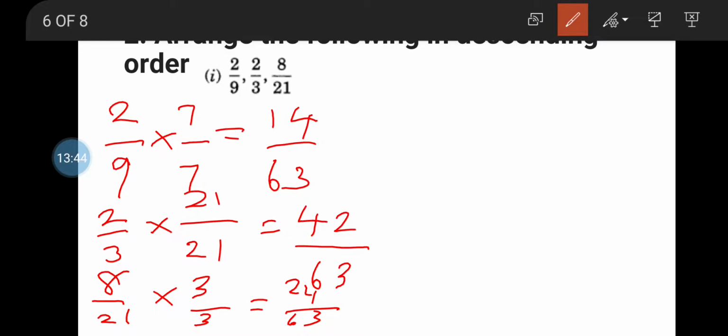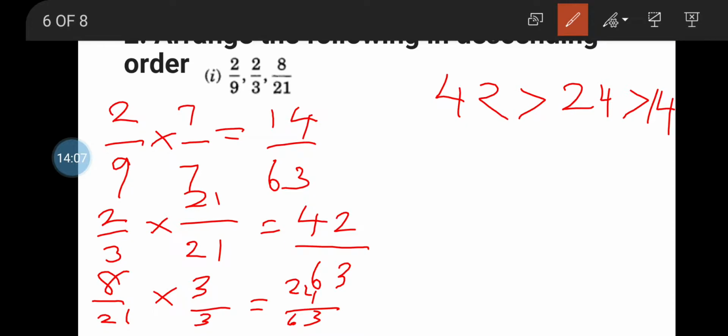If you see here, 42 is the greatest number, and 24 is greater than 14. Okay, it is in this order. 42 is greater than 24, and 24 is greater than 14.